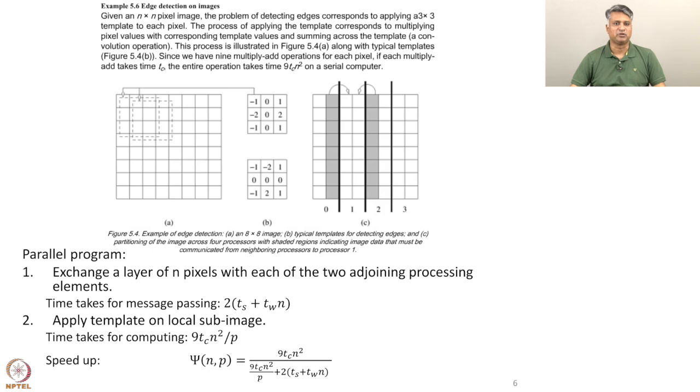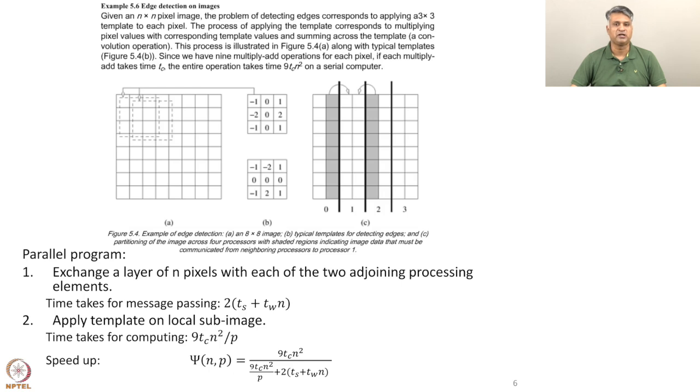To illustrate this, let us look at an image processing exercise. Let us say that you have several pixels and you are doing some sort of mathematical operations on these pixels. It could be just taking a straight average to do something like blurring, or something like edge detection, any sort of arithmetic that needs to be done with the neighbors. Let us say each pixel has 9 neighbors, and we split this problem in a vertical sense, stripwise, so that you have to communicate information across this vertical boundary.